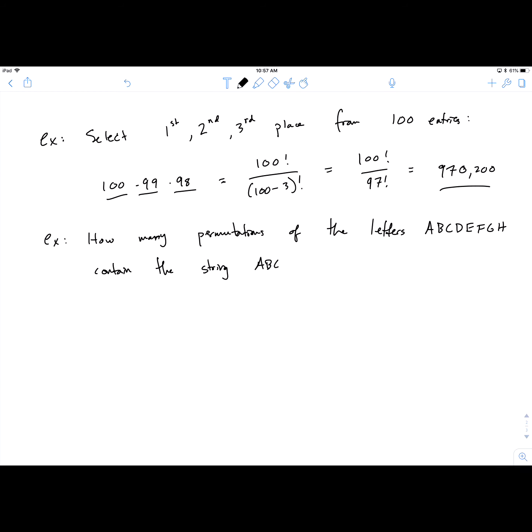So in other words, how many ways can we arrange all of these 8 letters in such a way that they contain these 3 letters clustered together in that order? So exactly ABC. It sounds complicated, but it turns out that there's an easy way to handle this.